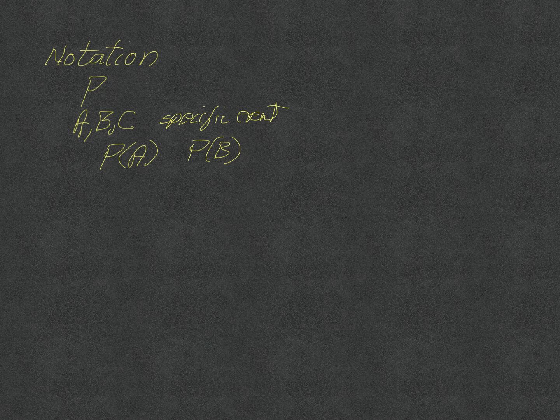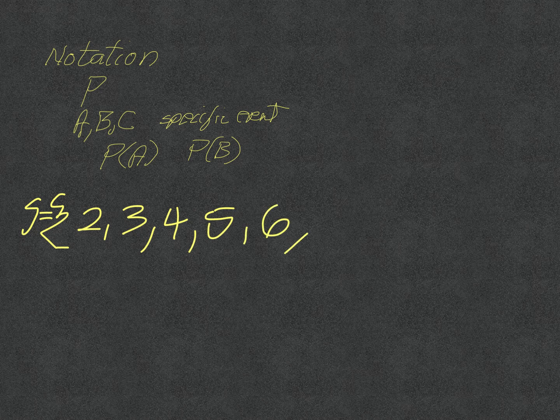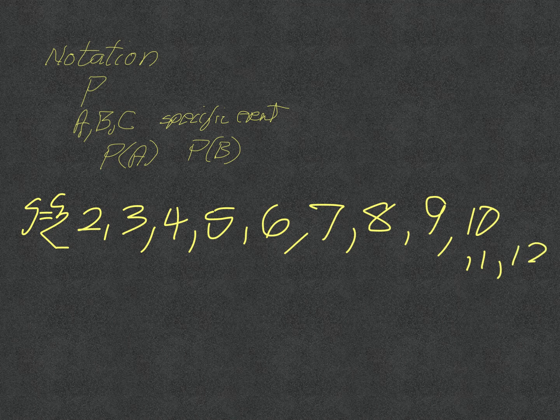So let's go to our rolling dice example. The sample space, which we'll call S, is equal to 2, 3, 4, 5, 6, 7, 8, 9, 10, 11, and 12. That's our sample space. So let's let an event, we'll call event A, the set of outcomes less than 6.